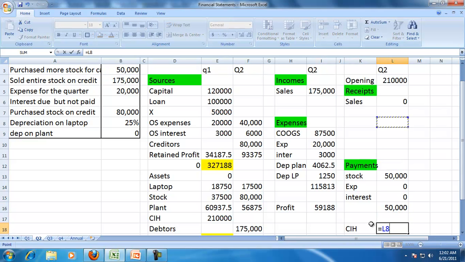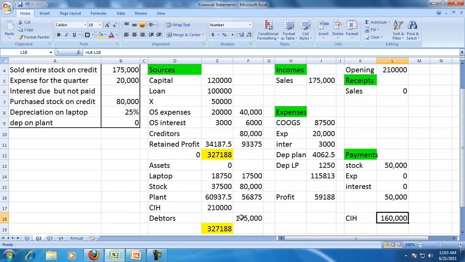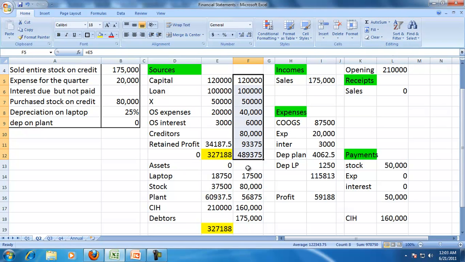cash in hand is equal to 210 minus 50. So cash in hand will be 160,000. There is no change in the capital, there is no change in the loan, there is no change in Mr. X. If we are not wrong, once again the assets side will be equal to the sources side.